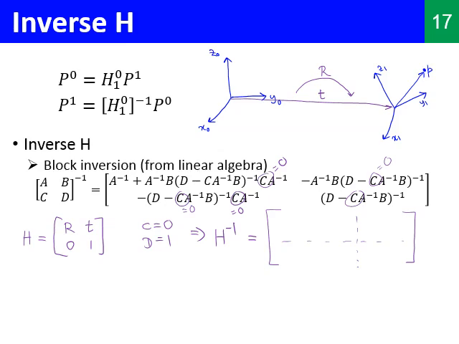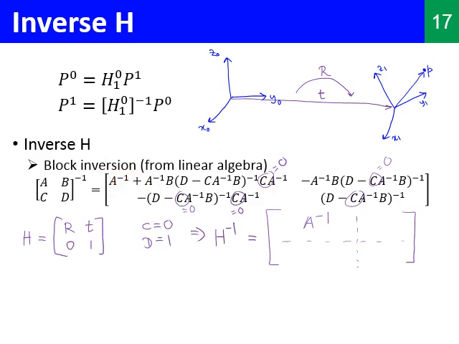Our first element would be just A inverse, because this is 0, so this whole thing becomes 0, and we are left with only A to the power minus 1.